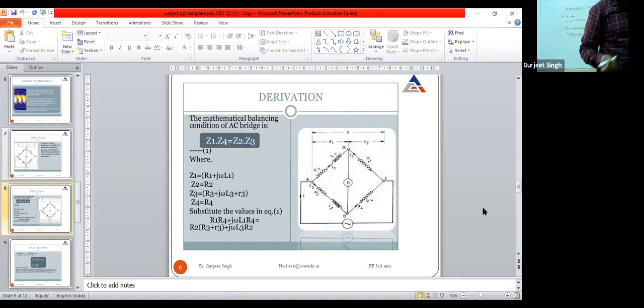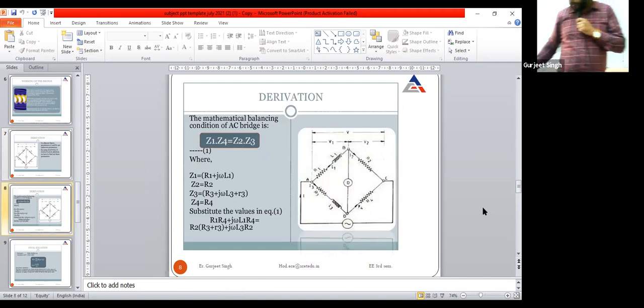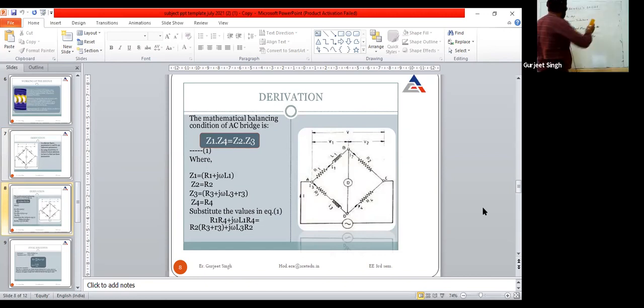For every bridge we apply two techniques. Either we apply Z1 Z4 is equal to Z2 Z3, to find the value of the unknown inductance or capacitance using this formula.